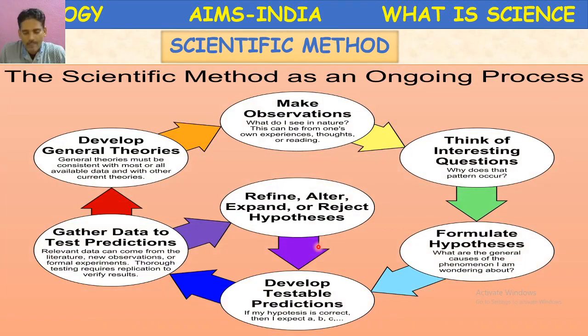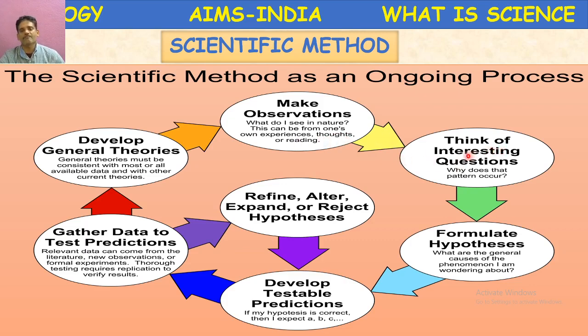Finally, once again, let us refresh the scientific method. What is the scientific method? The scientific method is an ongoing process. Make observations. What do I see in nature? This can be from one's own experiences. It may be thoughts or reading.